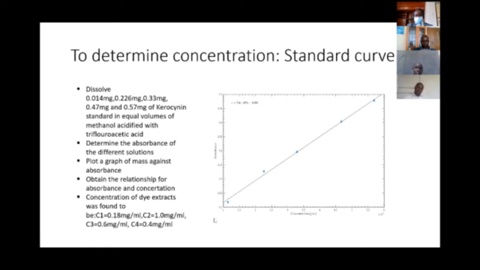Afterwards, we plotted a graph of absorbance against concentration. In this case, we have an equation which relates absorbance to concentration. We therefore used this equation to calculate the concentration of the samples which we had prepared, and we obtained the following concentrations.